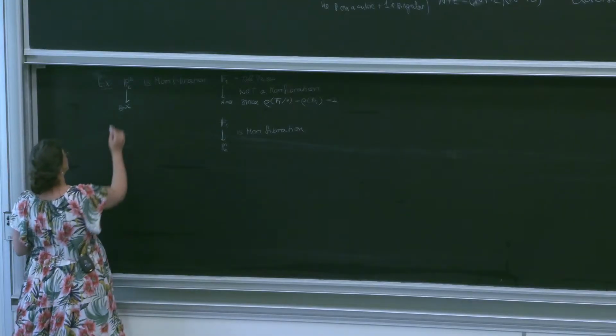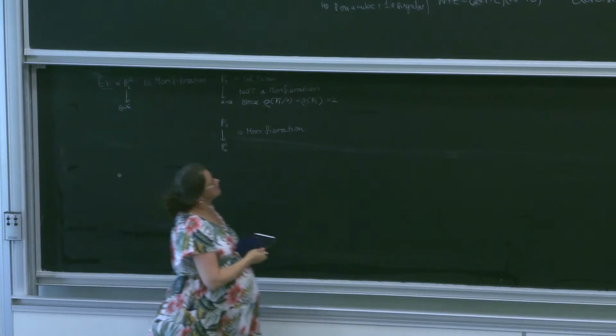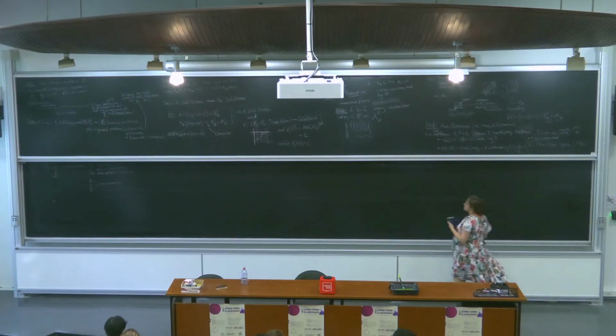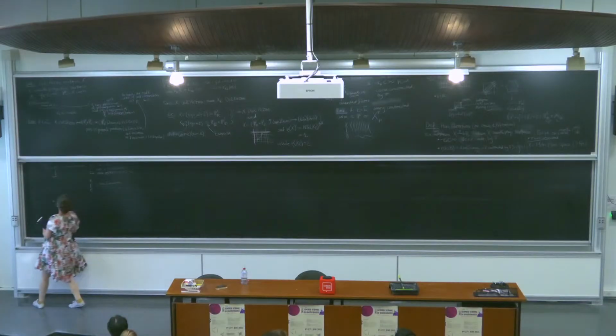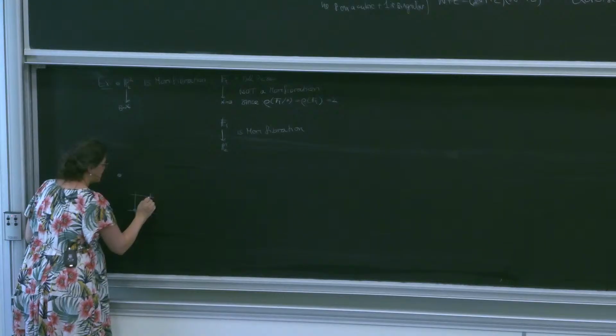Okay, and then if we take back the example of the funny conic fibration over R that has 2 singular fibers, I'm going to write it down again.